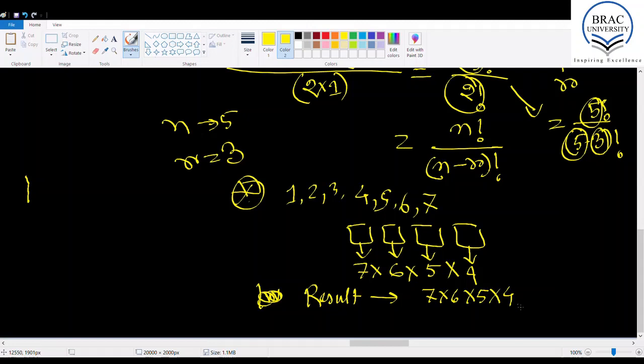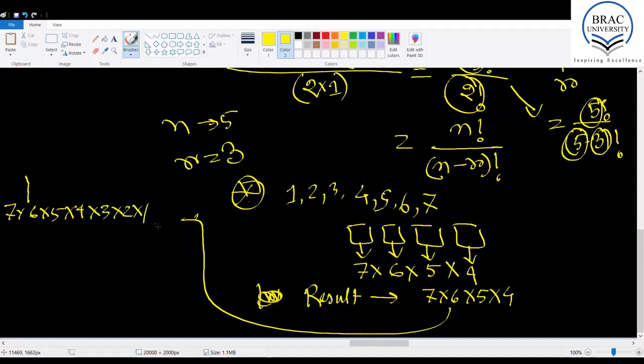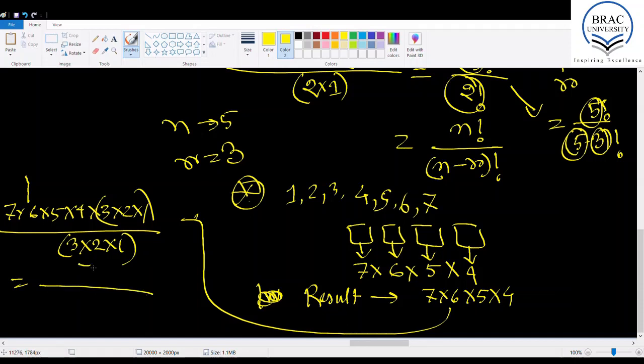So can we write this like this: 7 into 6 into 5 into 4 into 3 into 2 into 1, and then we can divide this with 3 into 2 into 1. See, this is equal to this because all of these factors will cancel each other, right? So in the numerator we can write 7 factorial, and in the denominator 3 factorial, and it can also be written as 7 factorial divided by 7 minus 4 factorial.